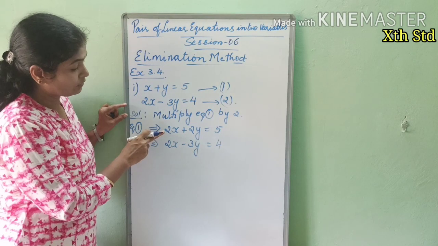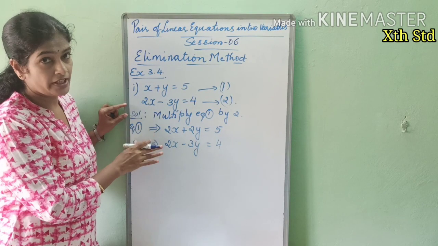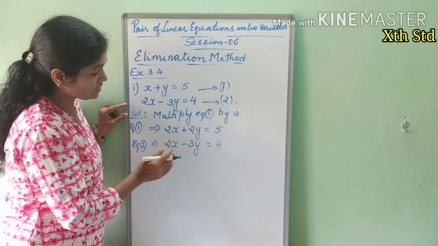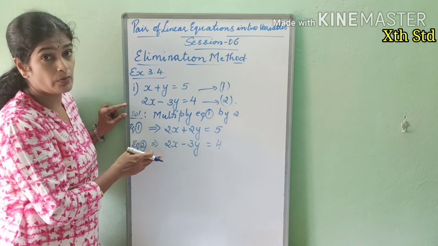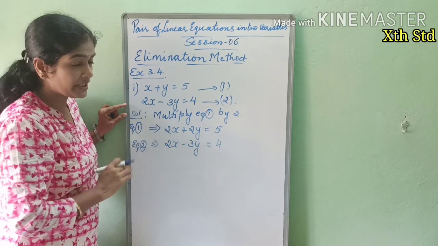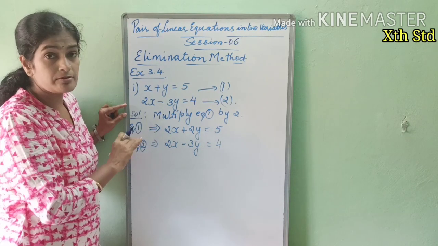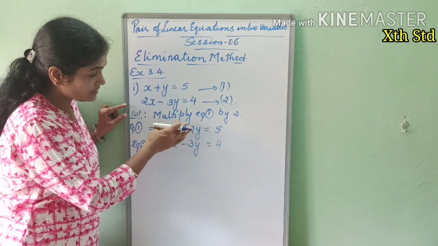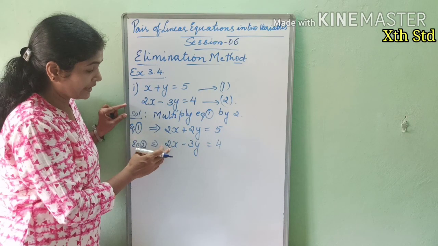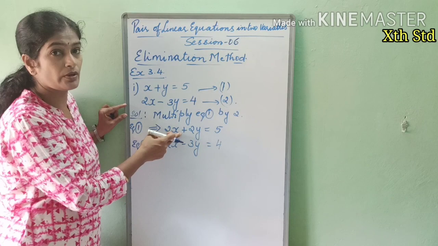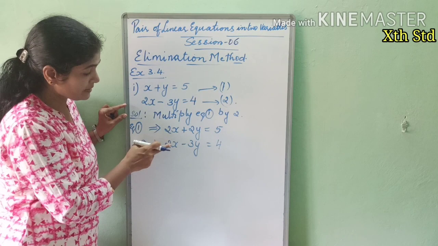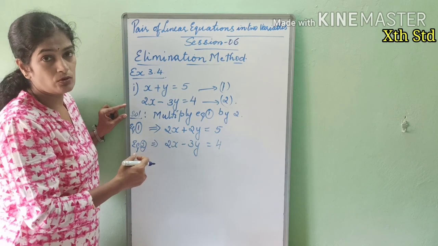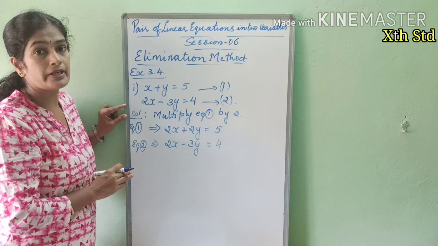Now we have decided to eliminate x. If I add these two equations, can x be eliminated? 2x plus 2x becomes 4x. We cannot eliminate x, so we cannot add these equations. But can I subtract equation 2 from this equation? If we subtract, 2x minus 2x will be 0, so definitely x will be eliminated.